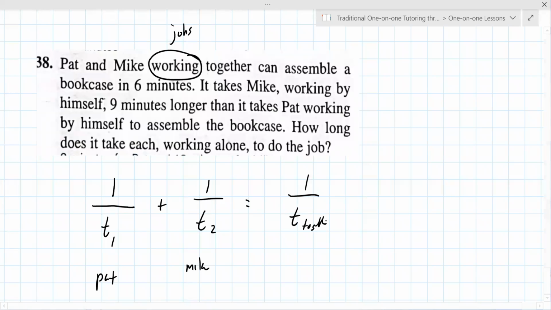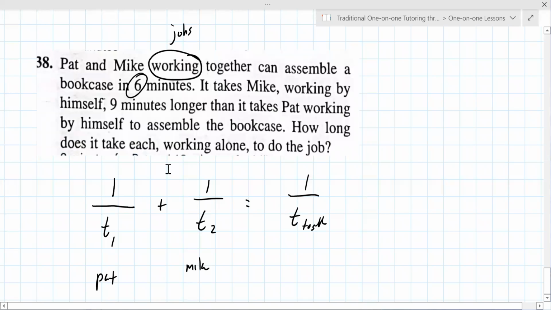Okay. So we had to figure out, well, what is it that we are given in this problem? So let's read it very carefully. Pat and Mike working together can assemble a bookcase in 6 minutes. Which of these 3 is it? Is that 6 minutes? The third one. It's the time together. That's good. It takes Mike working by himself 9 minutes longer than it takes Pat working by himself to assemble the bookcase.